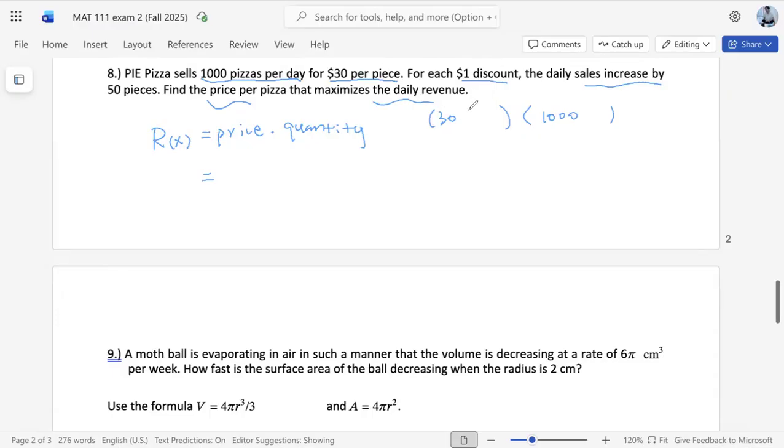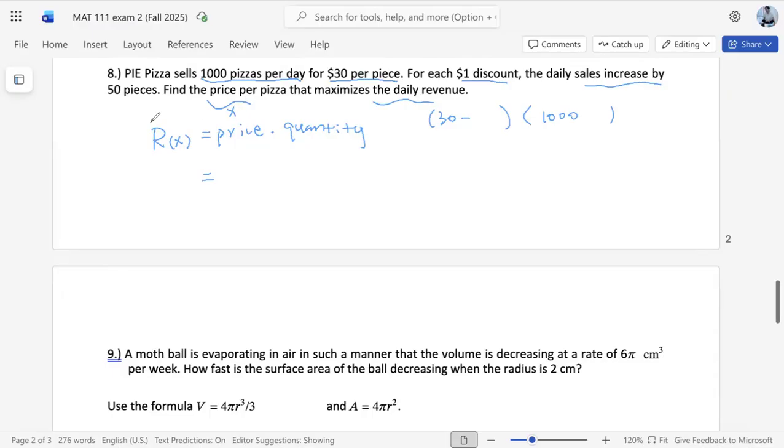So for each $1 discount, let's use X actually. X represents the quantity, how many pieces of pizza?